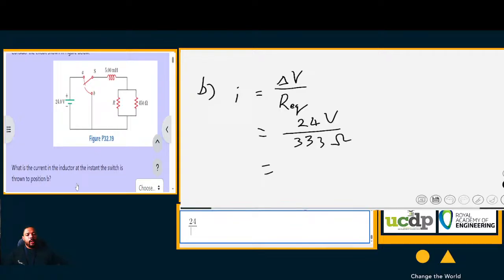24 divided by 333, 0.072. Earlier on, I just rounded off. Okay, as long as you just know how to do the problem. Okay, so 0.072. Let's check.